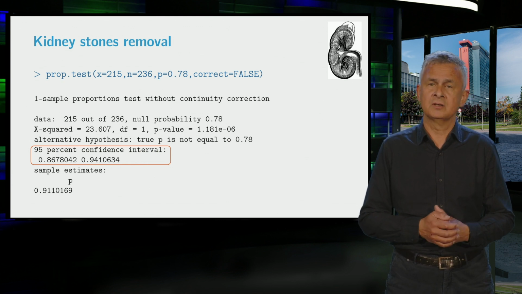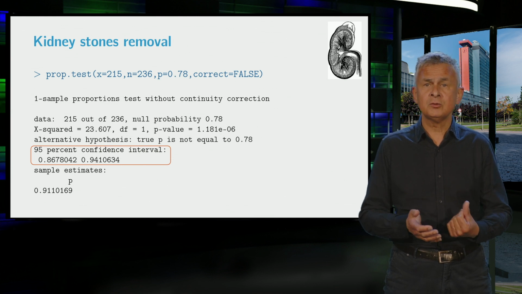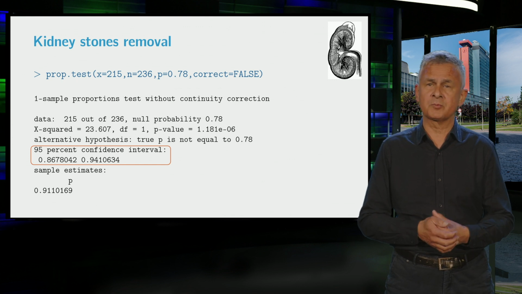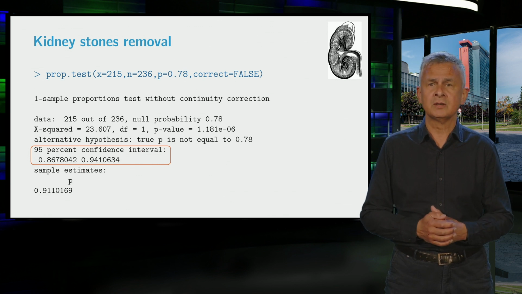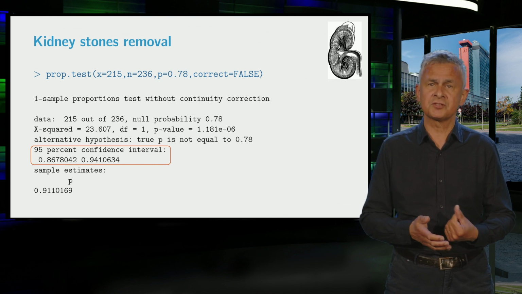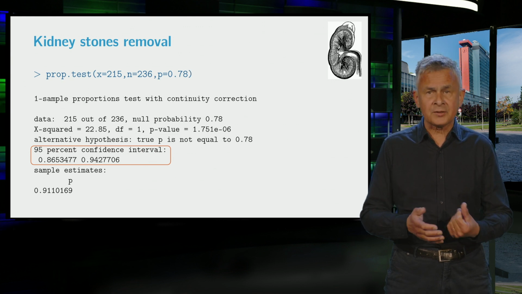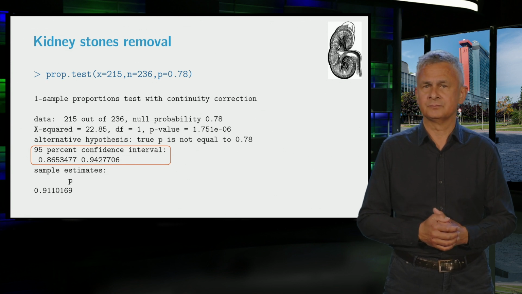In that case, the normal approximation for the binomial uses a continuity correction. Such a correction is to account for the fact that one approximates a discrete distribution, such as the binomial, with a continuous distribution, such as the normal. With the continuity correction, we would get a slightly different interval.